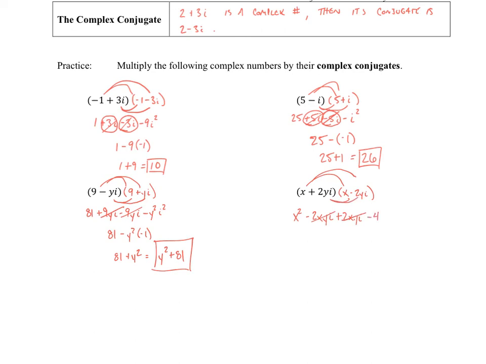Minus 4y squared i squared. So I'll end up with x squared minus 4y squared, and i squared is really just a negative 1. So that's the same as x squared plus 4y squared, because a negative times a negative is a positive. And that's all you can do. Can't combine those terms because they're not like terms.